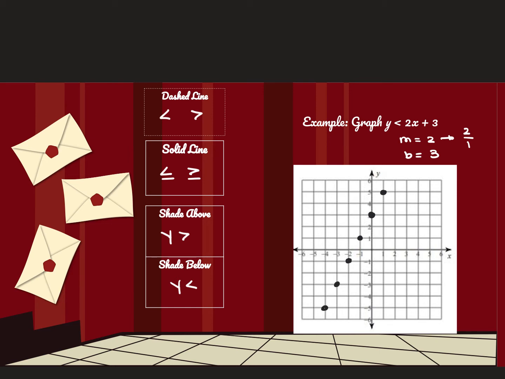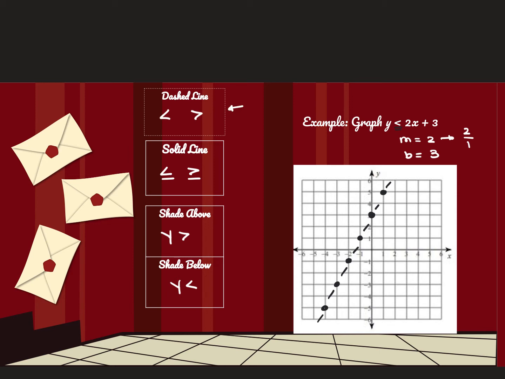All right. Looking at my inequality symbol, I have y is strictly less than, so I'm going to have a dashed line. And the reason that I have a dashed line is because the solutions or the numbers on the line are not included.